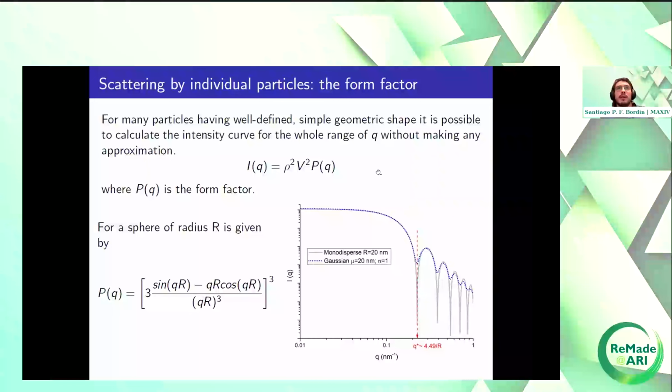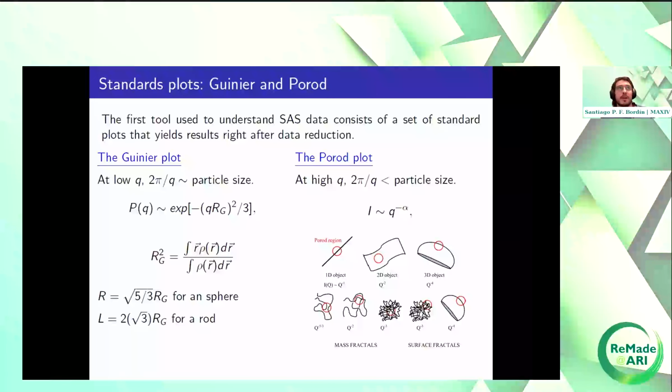What happens now if we have a not well-defined shape? We can use standard plots, which are approximations useful to extract or infer some parameters. Here I use two of the most common. The first is the Guinier plot, used to analyze data at low Q values, where the particle size is in the range of 2π over q.